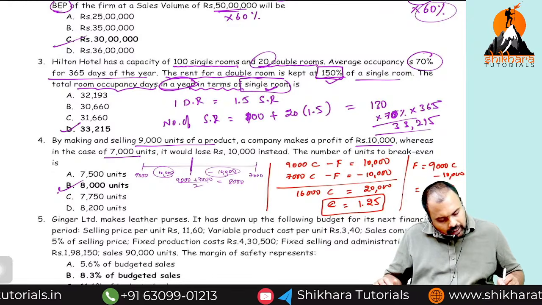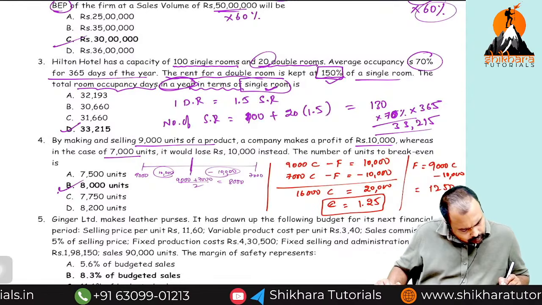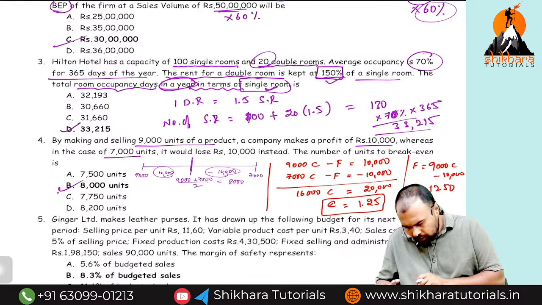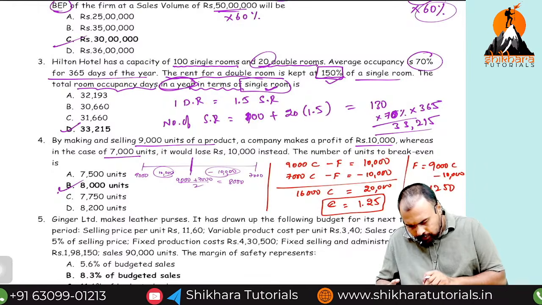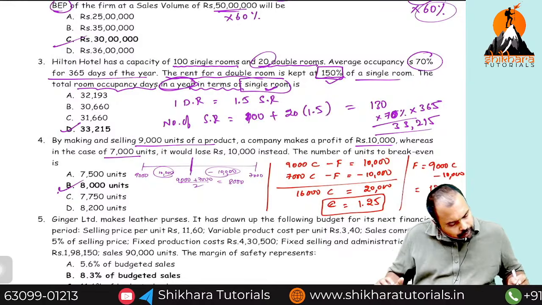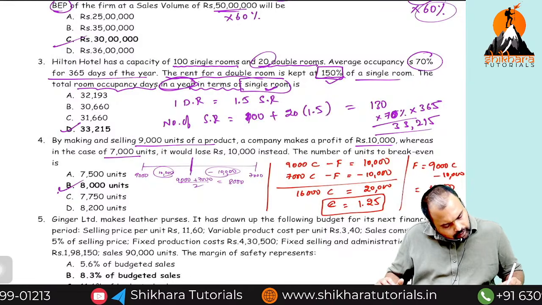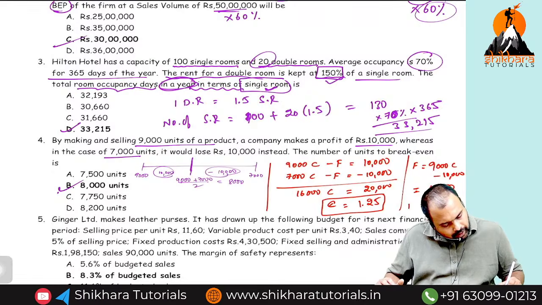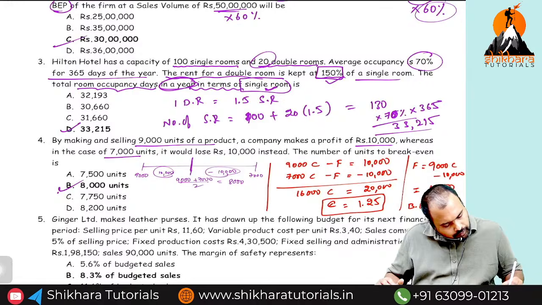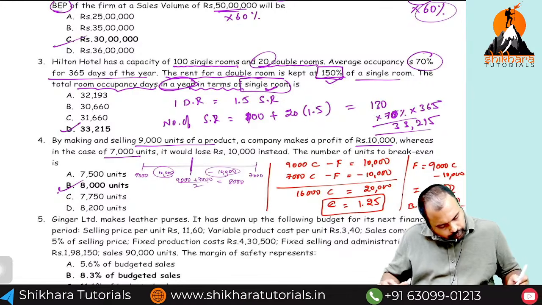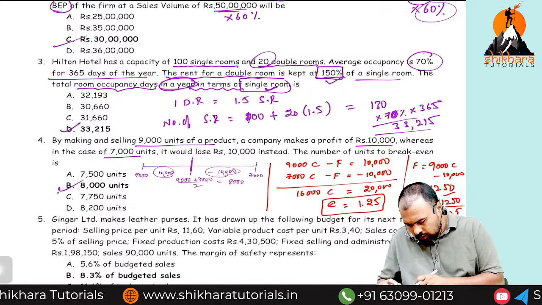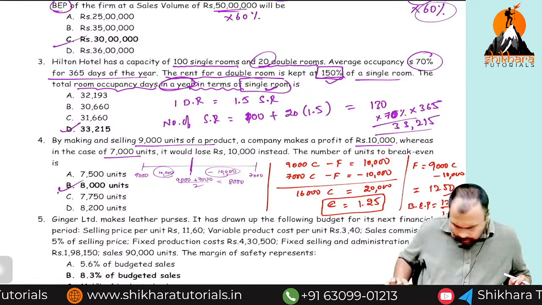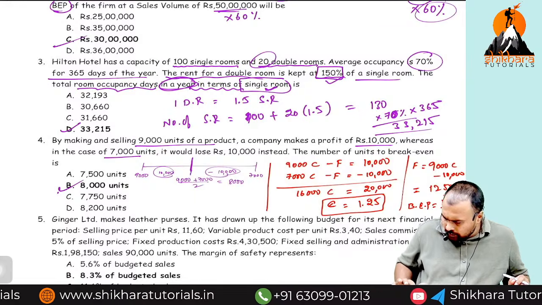How many units of contribution are required to cover a fixed cost? Break even point is equal to 1,250 divided by 1.25, which is 1,000. I think somewhere a calculation mistake is there.